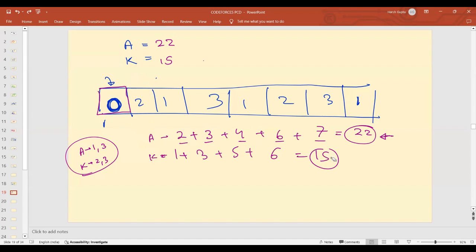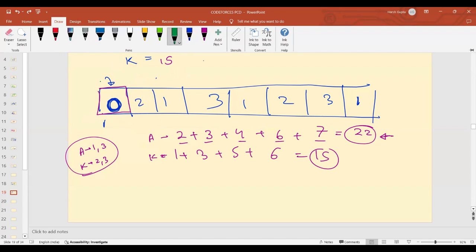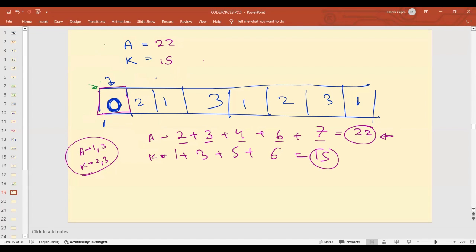Let me keep this. Okay. Does anyone have doubt in this? How we obtained score of Arshi and crypto? No? So, assuming this as the bullseye cell, you can say that the answer is 22 minus 15, which equals 7.